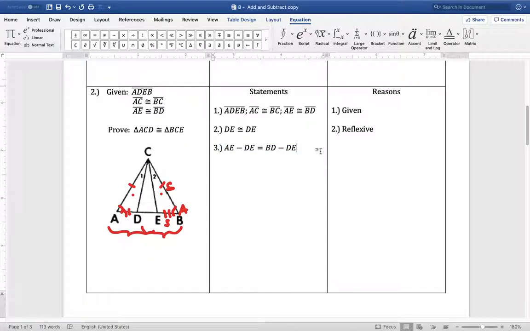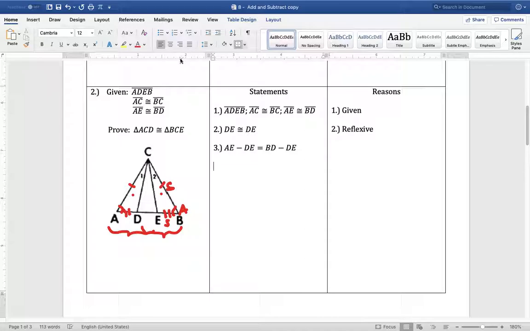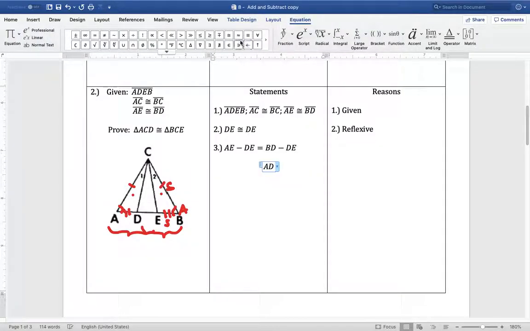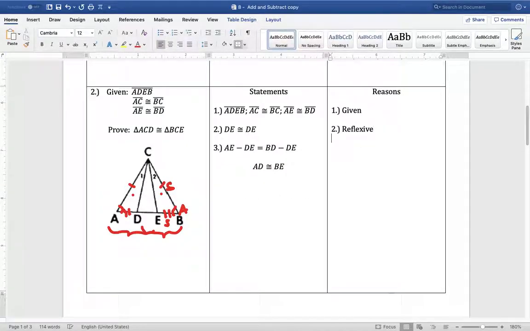And underneath it, I'm going to say that when you subtract these two things, AE minus DE, that's really AD. So I get AD is congruent to, and BD minus DE leaves you with BE. And this is called subtraction property. And this is all in the same step.